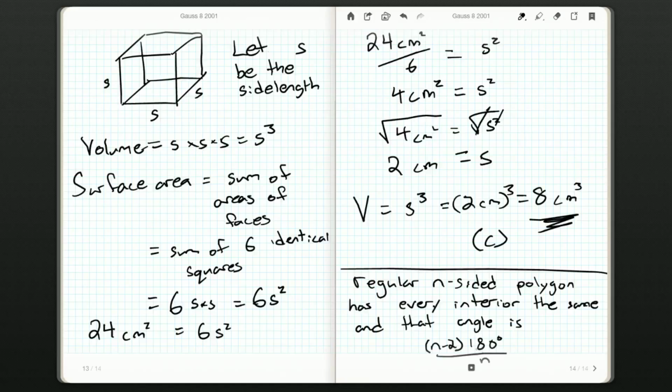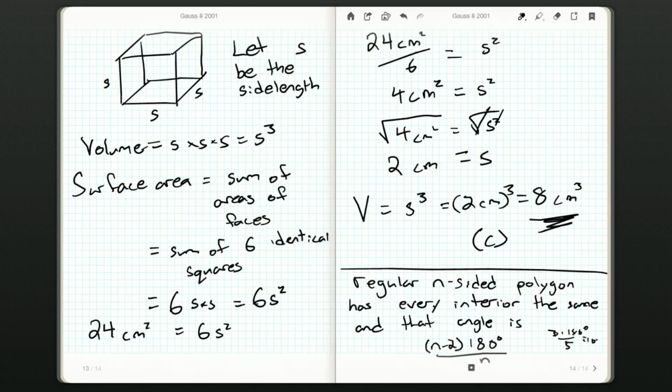Okay, so for, let's say, the regular pentagon, we'd have 5 minus 2, that's 3, times 180 degrees, that's going to be 540. We divide that by 5, and we get 108.